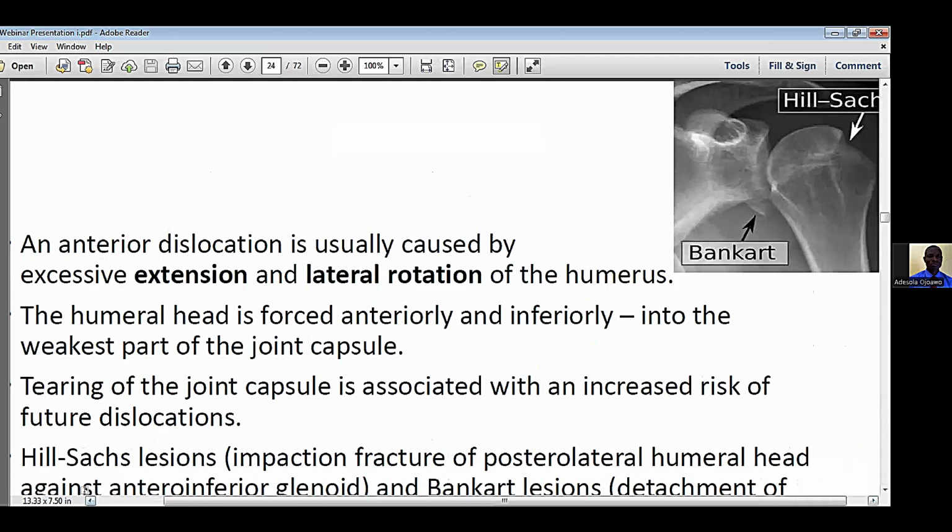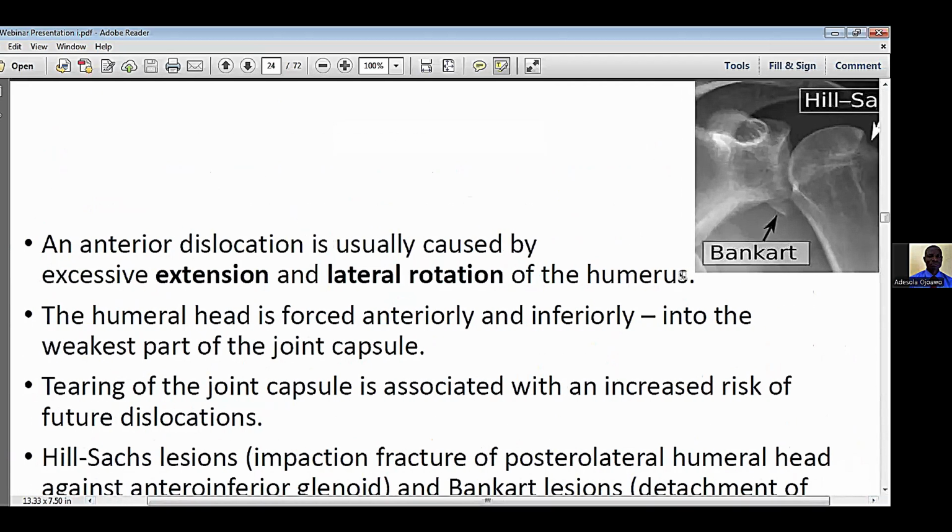An anterior dislocation is usually caused by excessive extension and lateral rotation of the humerus. Look at it. The humeral head is forced anteriorly and inferiorly into the weakest part of the joint capsule.